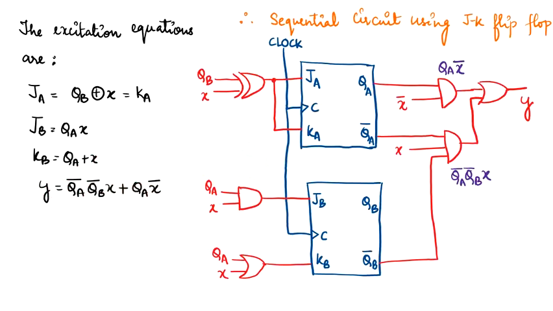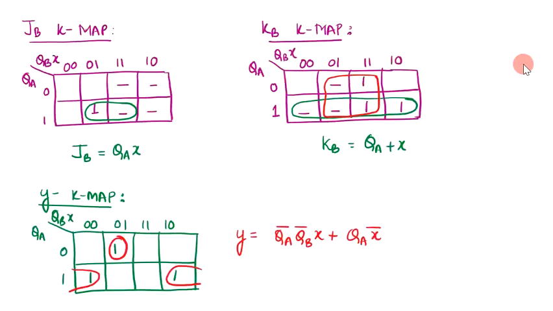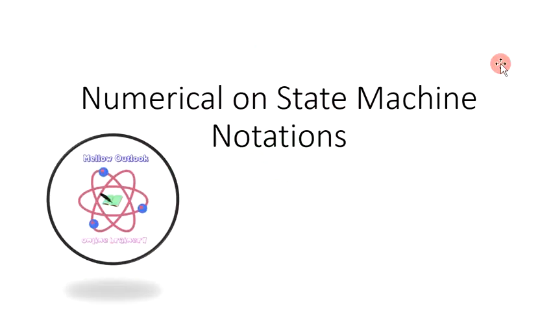So because you have JA, KA, JB, KB, two JK flip-flops, you need to make use of XOR operation and OR operation to obtain the variable Y. So this is one quick numerical which comes under the state machine notations.